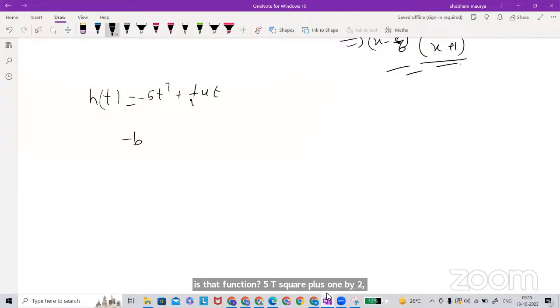So what is going to be the highest point? Minus b by 2a. We can use this to calculate, and 5 is given. So 5 equal to, this is minus 5.